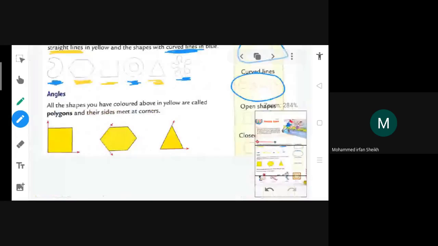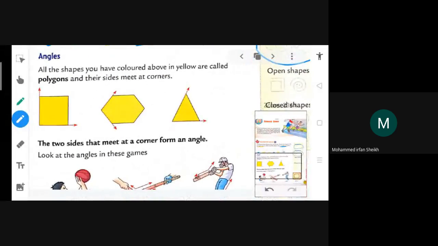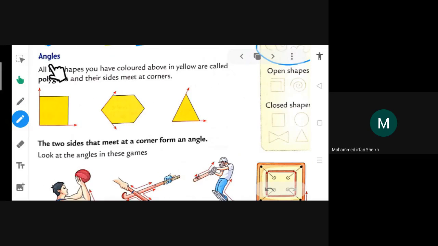Now in the next question, Faiza, you can read this. Okay, ma'am. To shade all the shapes you have colored in yellow are polygons, and their sides meet at a corner.